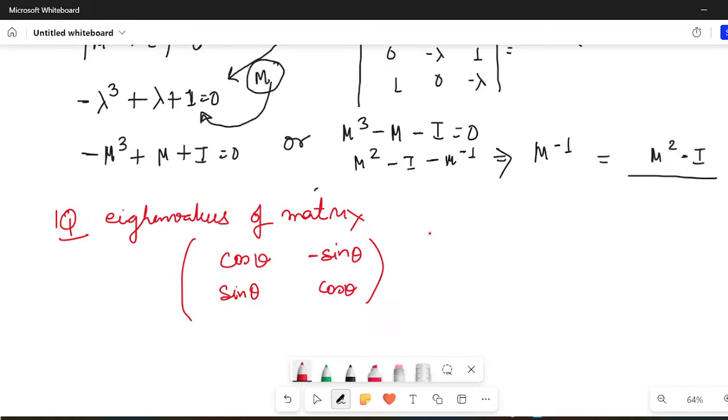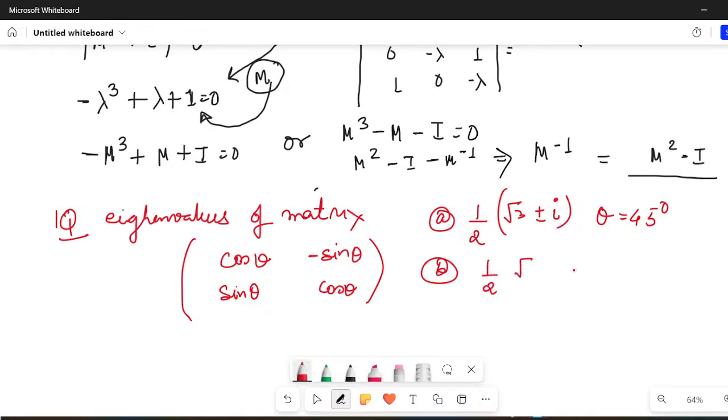Okay, and now I'm giving you the options. Option A: 1 upon 2 root 3 plus minus iota when theta is equal to 45 degrees. Option B: 1 upon 2 root 3 plus minus iota when theta is equal to 30 degrees.